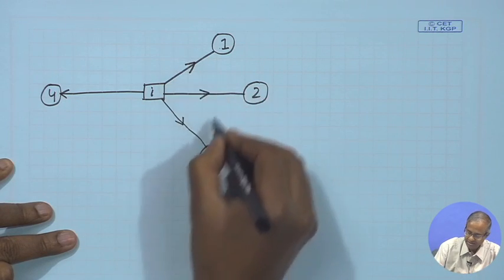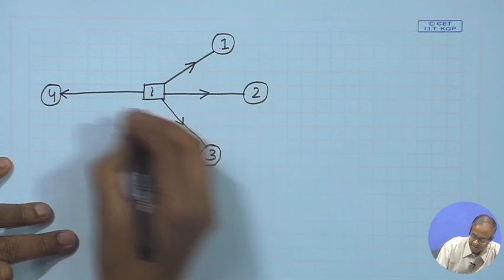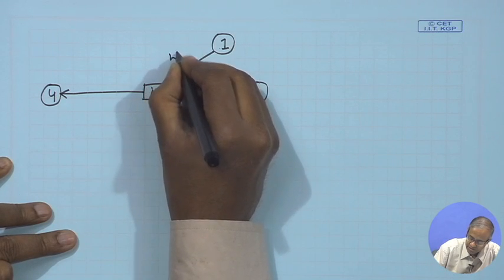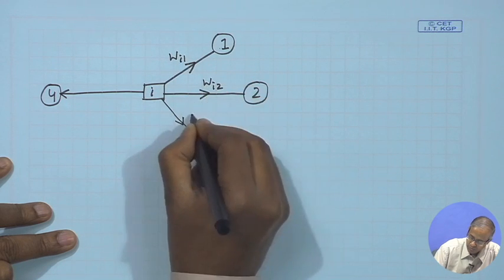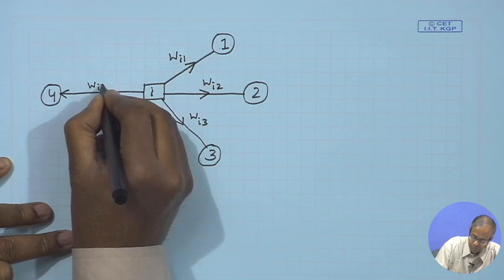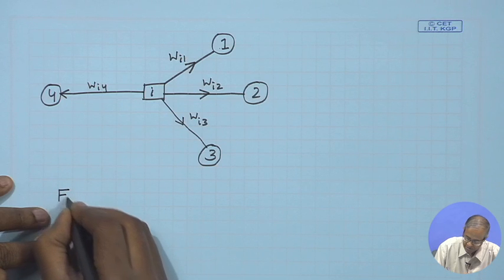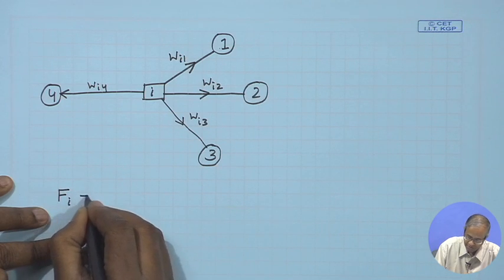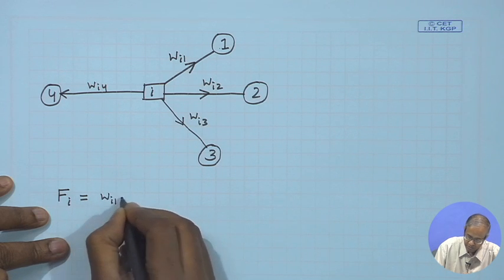Now, let us call these weights Wi1, Wi2, Wi3 and Wi4.